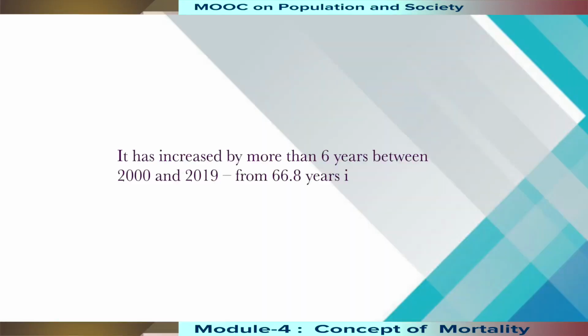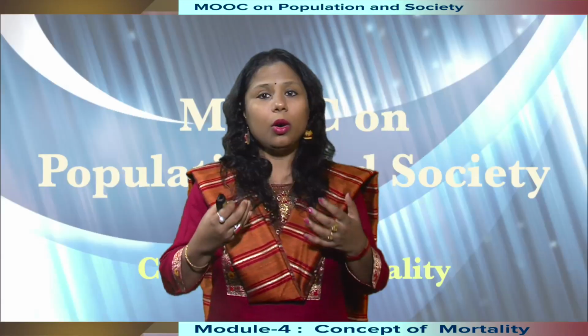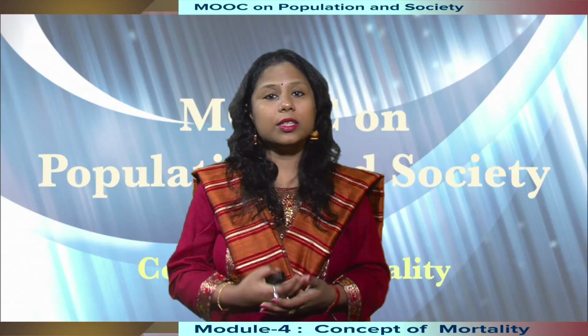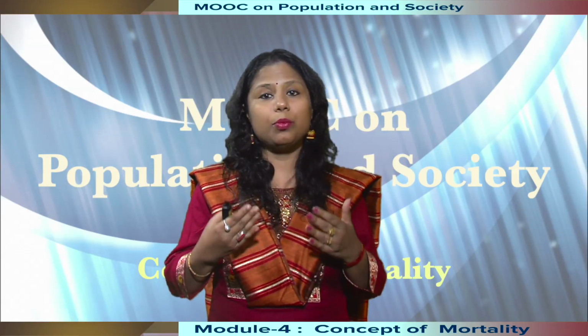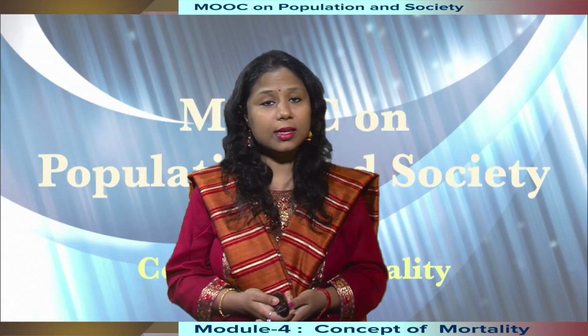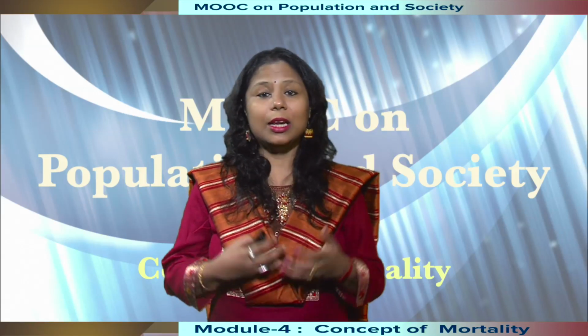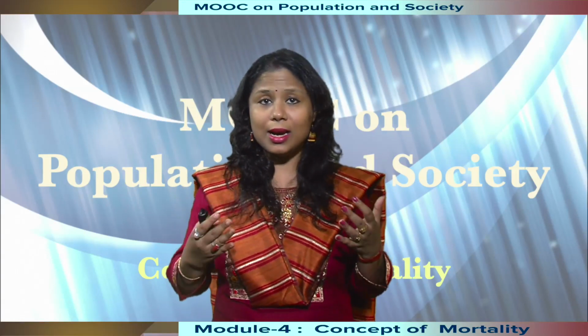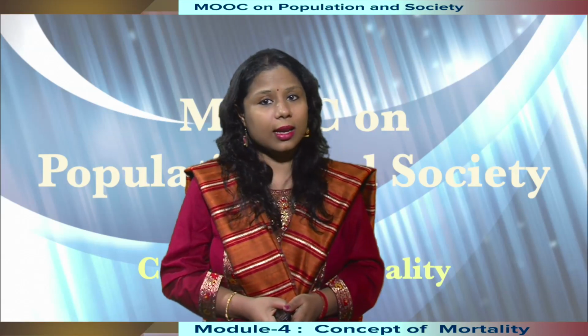It has increased by more than 6 years between 2000 and 2019, from 66.8 in 2000 to 73.4 years in 2019, while healthy life expectancy has also increased by 8% from 58.3 in 2000 to 63.7 in 2019. This indicates that people now have a long life compared to earlier times, and thus mortality rate is declining.